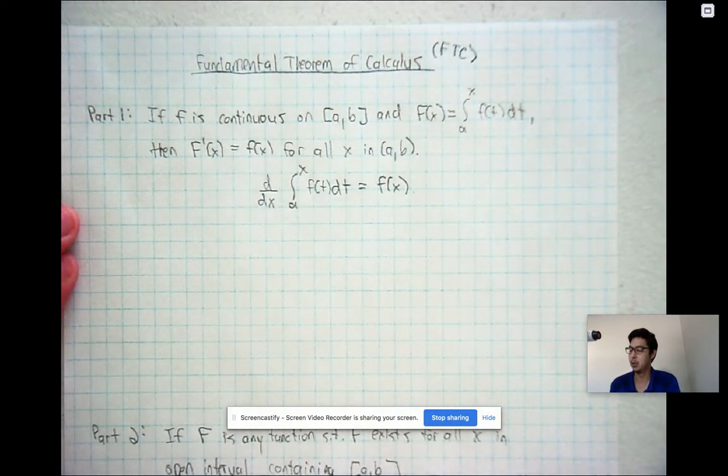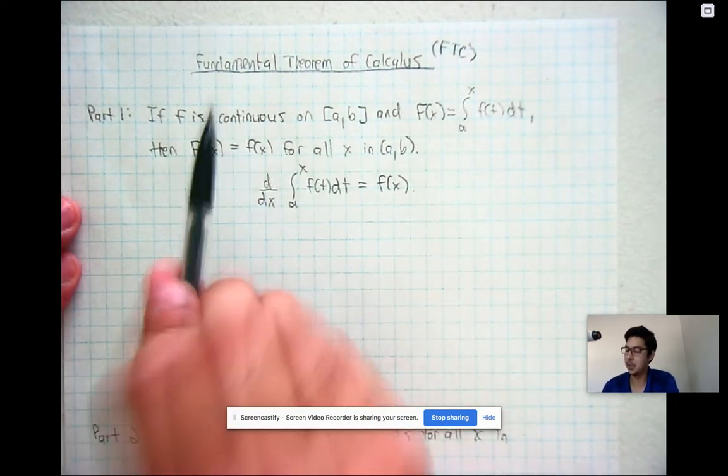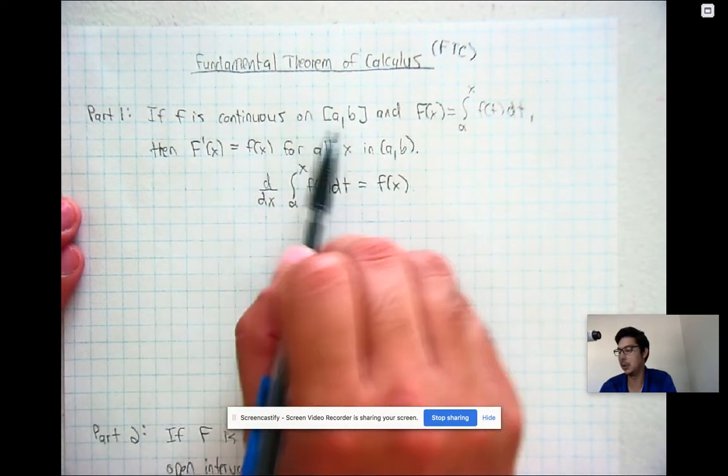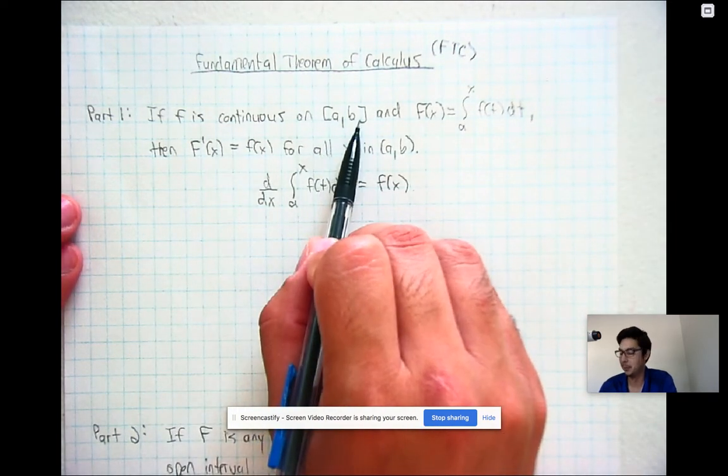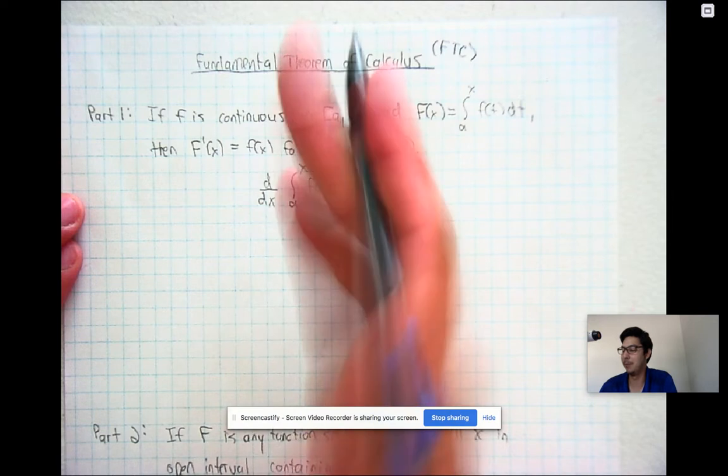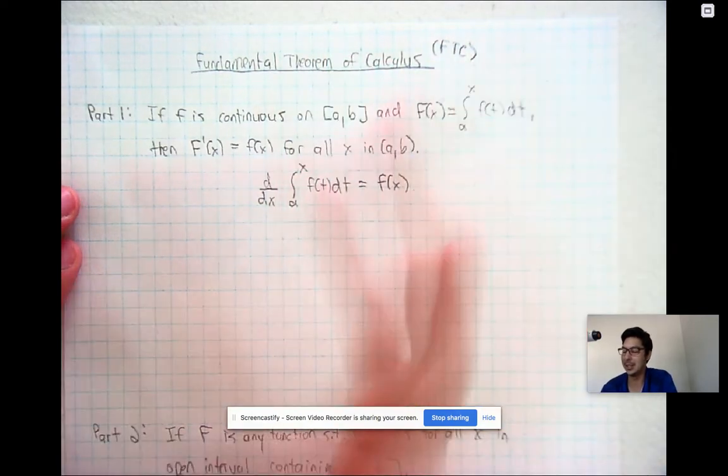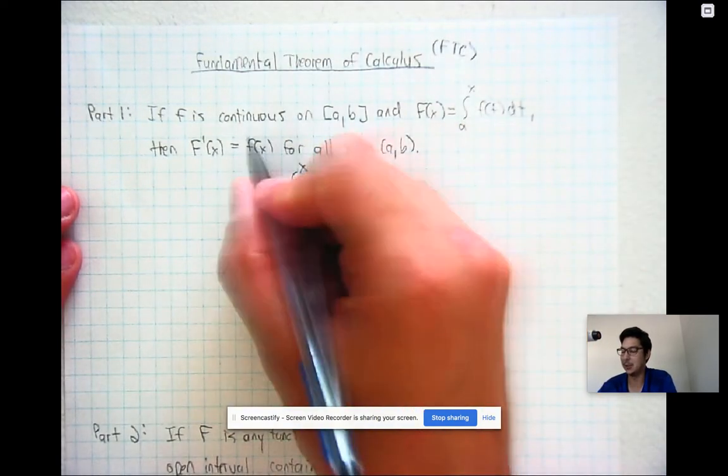All right. Now, part one, straight from the book, is saying if you have a function that's continuous on the closed interval a to b, which I know you can't be continuous on the bounds here, but there's a technicality where f is continuous on a closed interval a to b.